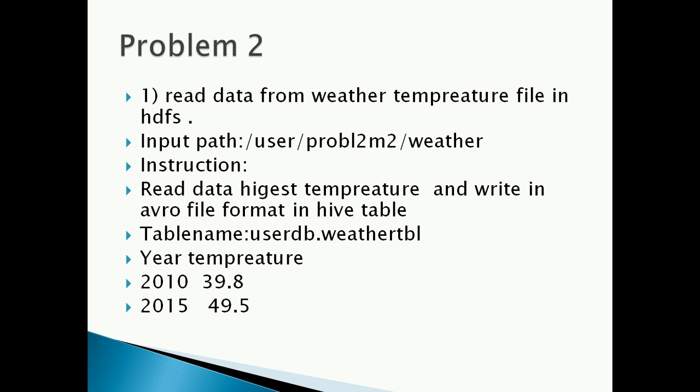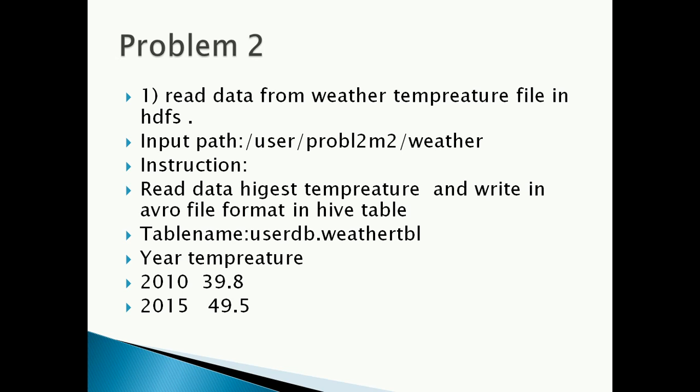And sometimes the result output should be year and temperature, like 2013 98, 2015 49.8. Sometimes they give the data to be written like year, then a space or slash t, and then temperature.